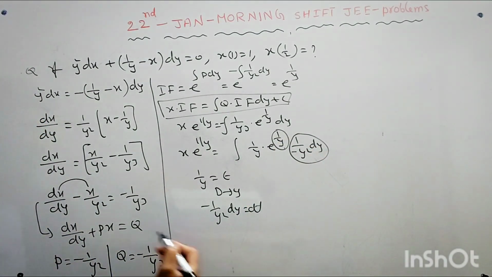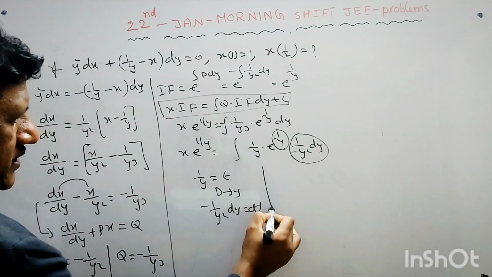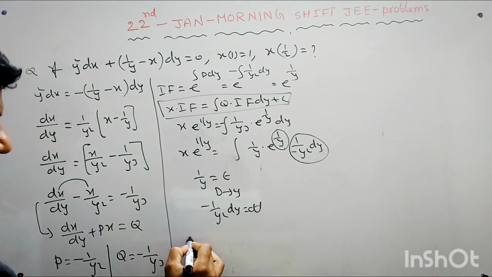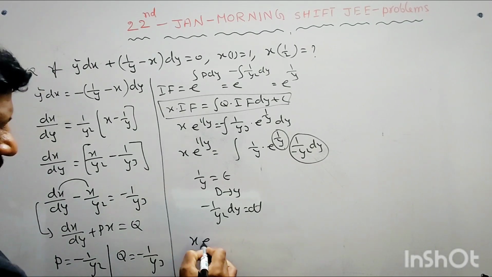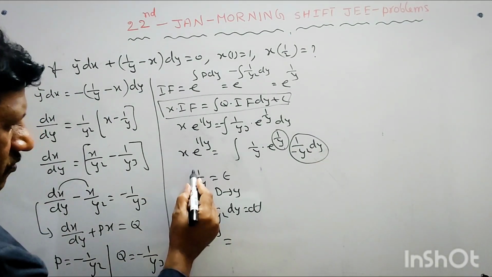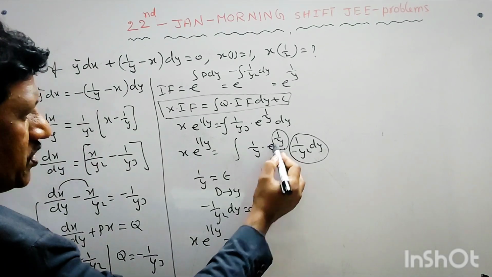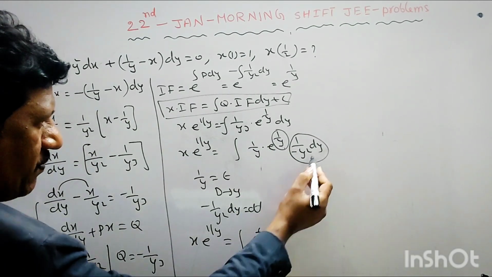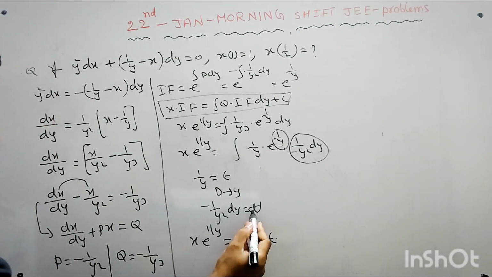Okay, right? Then substitute here, so that you will get x into e power 1 by y is equal to, since I am taking 1 by y as t, e to the power of t into t, and in place of this entire step I am going to take dt.